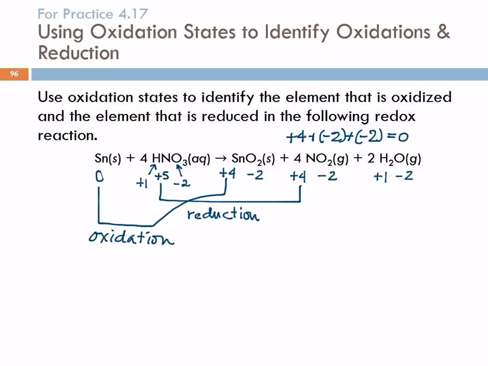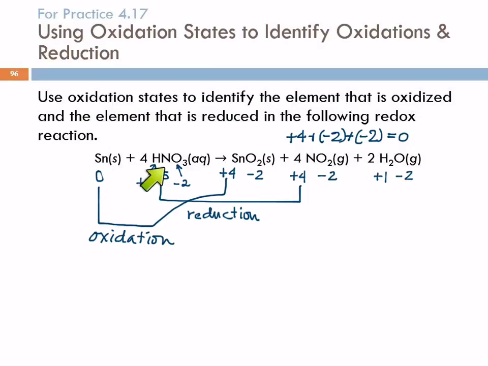Any questions? Yes? Like the hydrogen and oxygen being spectators? Are the hydrogens and oxygens spectators? Well, in terms of oxidation reduction, yeah, because they are not undergoing oxidation or reduction, but they are participating in part of the chemical reaction, and so we don't refer to them as spectators in the same way that we do for spectator ions.